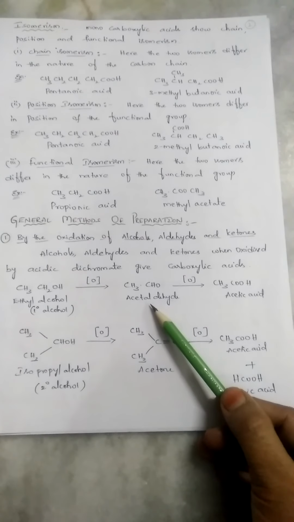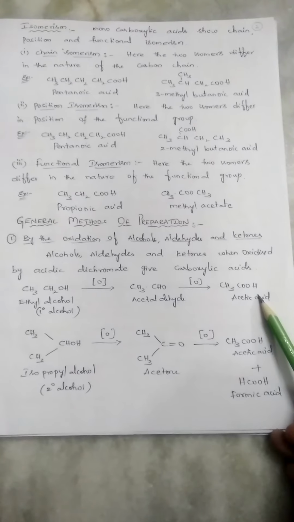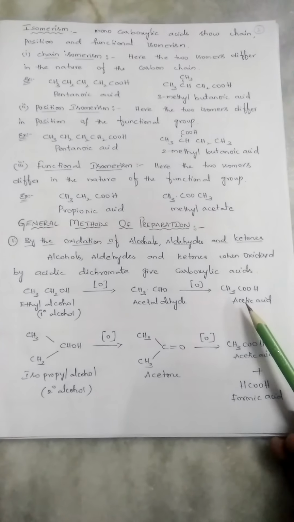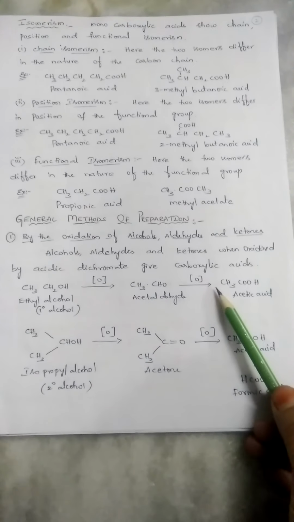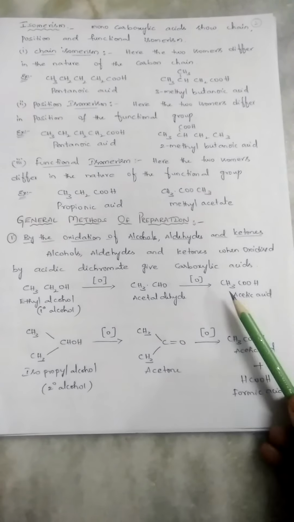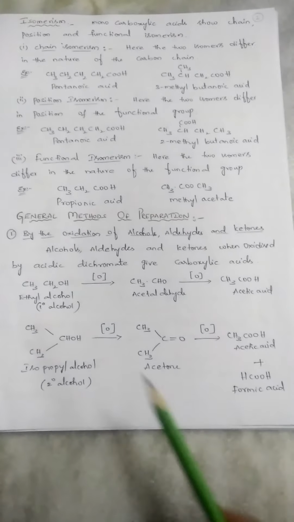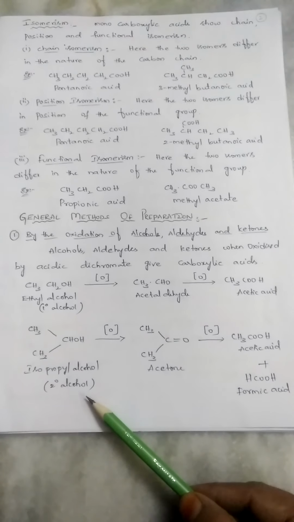And again this acetaldehyde on oxidation forms acetic acid. If you observe carefully, here the number of carbons is how many? 2. The obtained carboxylic acid also has how many carbons? 2.